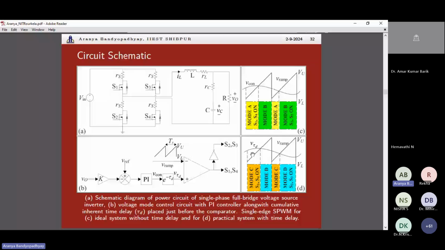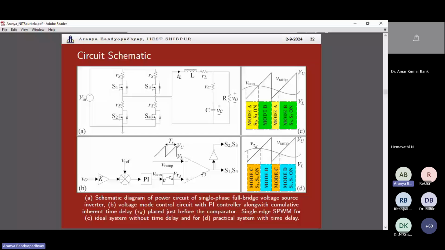Just at the input of the comparator. Why? Because the comparator is a very interesting thing. At the input of the comparator, it is a continuous analog domain. But at the output of the comparator, it is like a digital domain. It will provide either a high or low signal, either 1 or 0, yes or no.